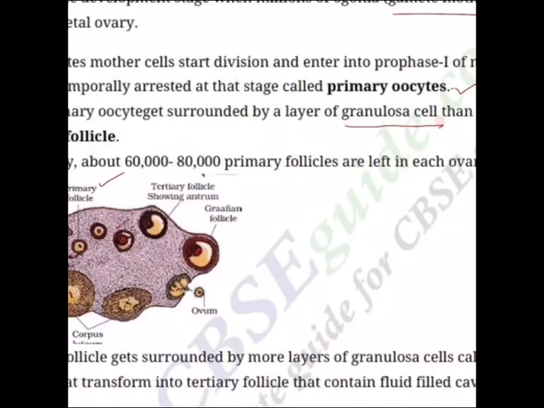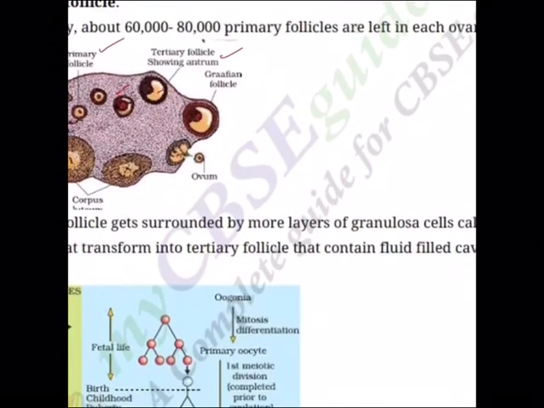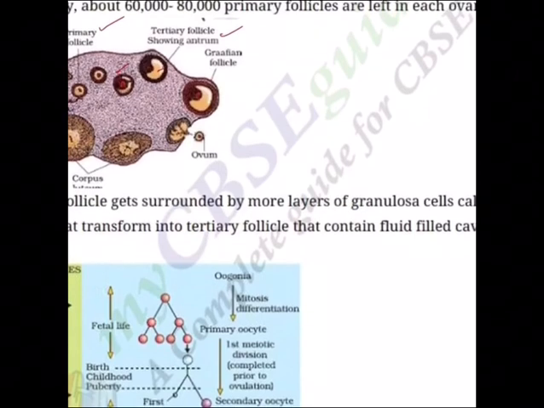So you can see the formation of secondary follicles and then the tertiary follicle also, and it gets transformed, and the tertiary follicle will have a fluid-filled cavity, that's called the antrum. So there will be an antrum, and finally the Graafian follicle, and rupture of the Graafian follicle will take place because of the hormonal influence, and finally the functional ovum is released.